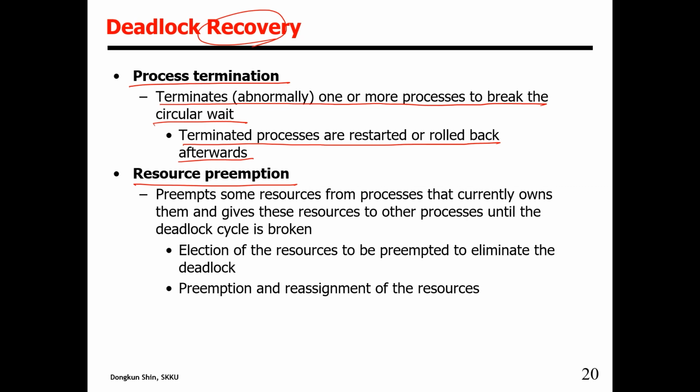Another technique is resource preemption. Instead of terminating several processes, only resources are preempted from some victim processes. Then the released resources will be given to other processes until the deadlock cycle is broken. To implement this resource preemption, we need some selection policy for the resource to be preempted, and the preemption and reassignment of the resource must be implemented.